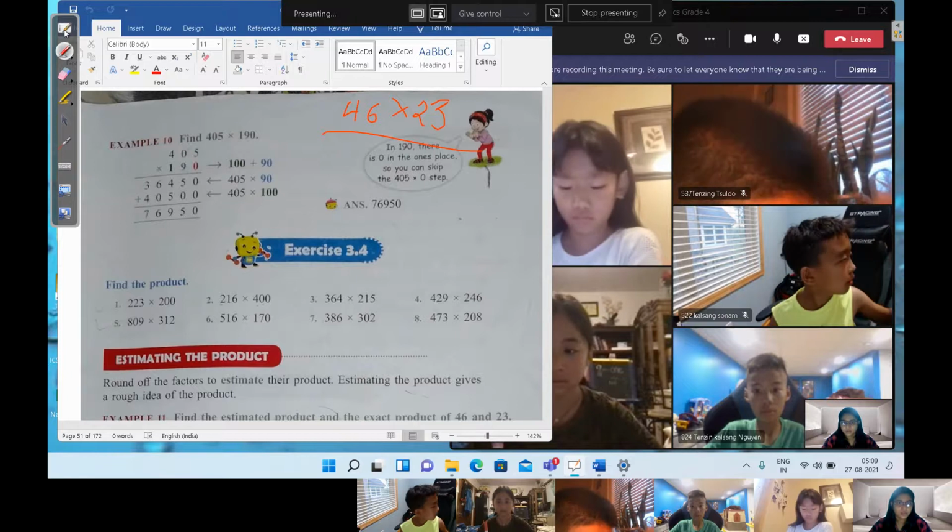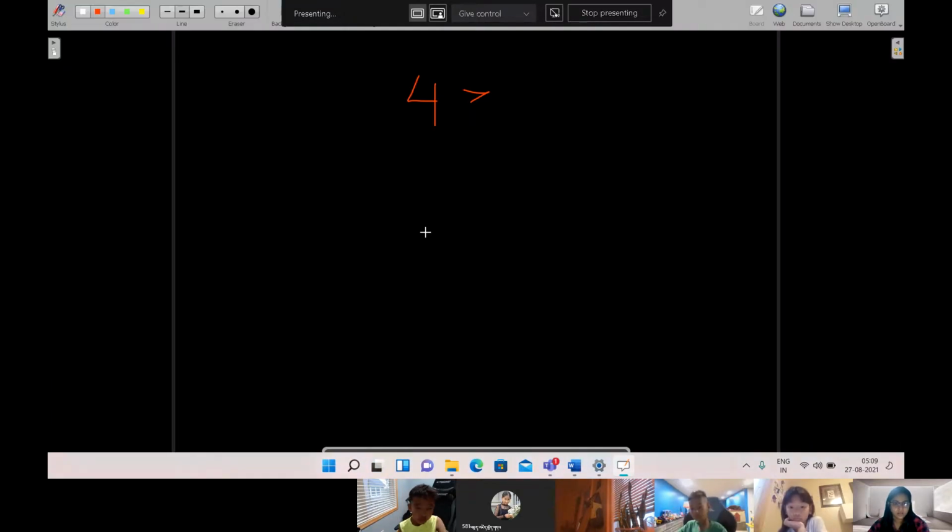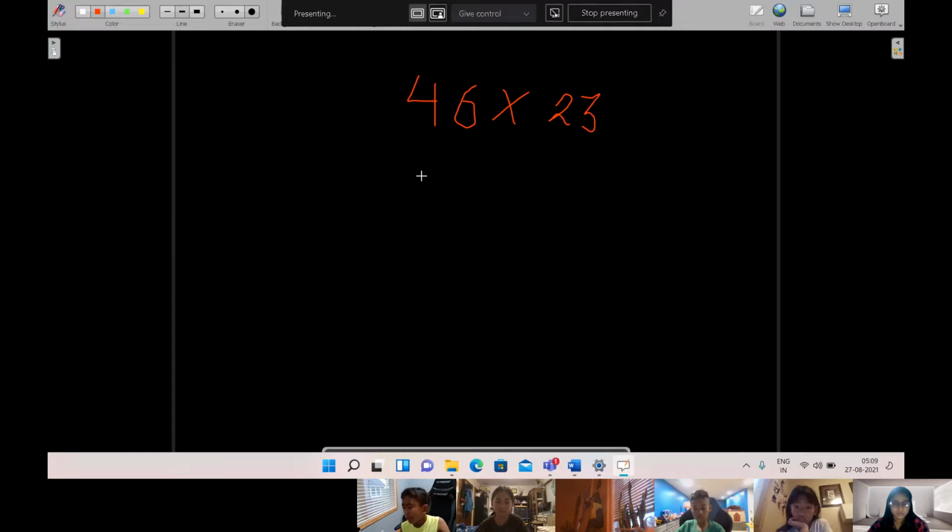Wait, I want to solve here. I have 46 and 23. So let's solve.